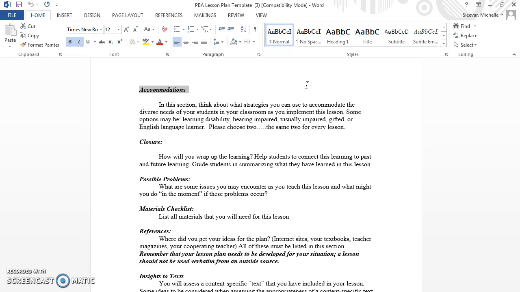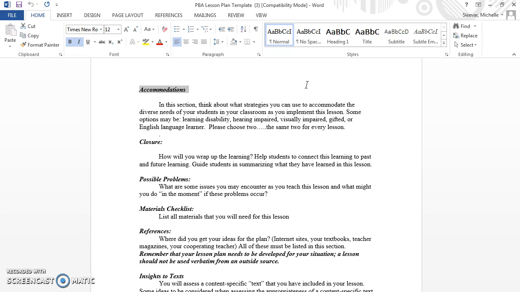I want you to choose 2 exceptionalities. Examples of exceptionalities are gifted, slow learner, ELL, a student who has a learning disability, a student who is hard of hearing or deaf, a student who has a visual impairment. If you are a special ed major, you are certainly welcome, for a student with a learning disability, to get very specific as to your area of interest.